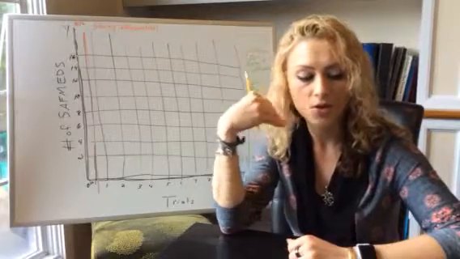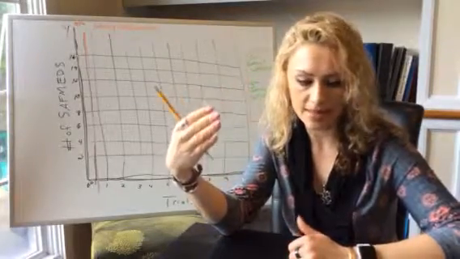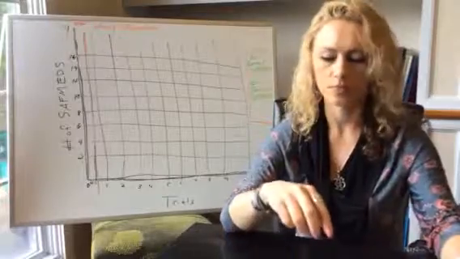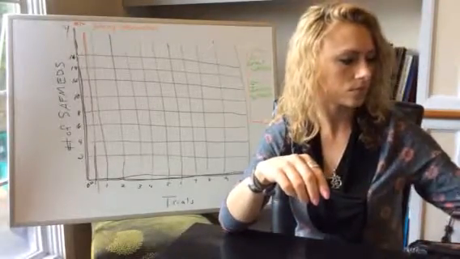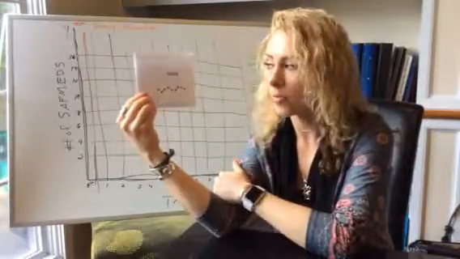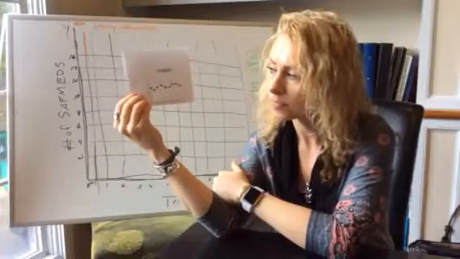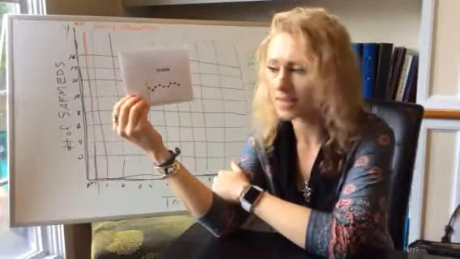All right, so let me give you some examples. This is what we would call a stable trend. Okay, it's not increasing, it's not decreasing.